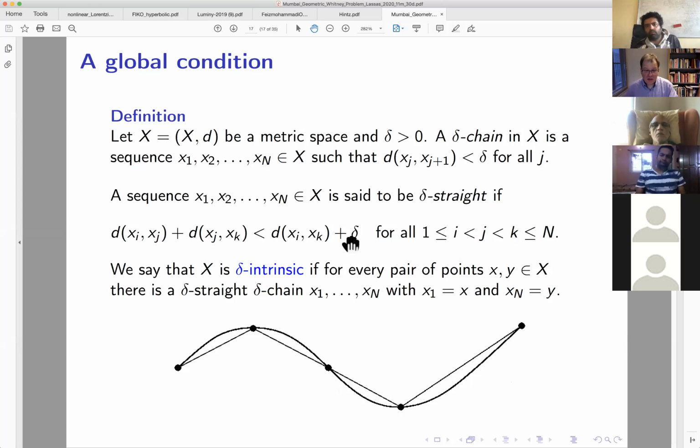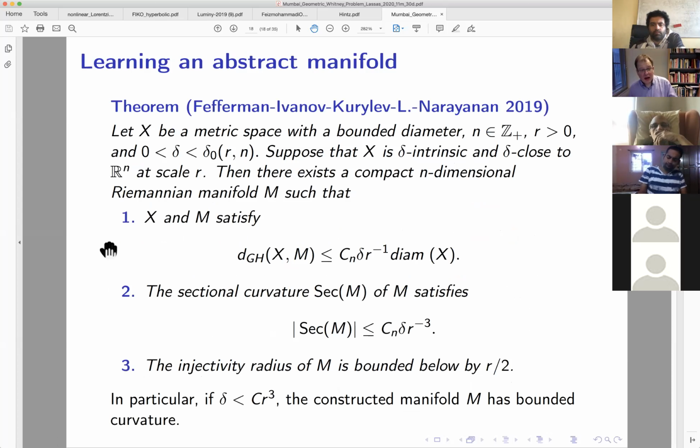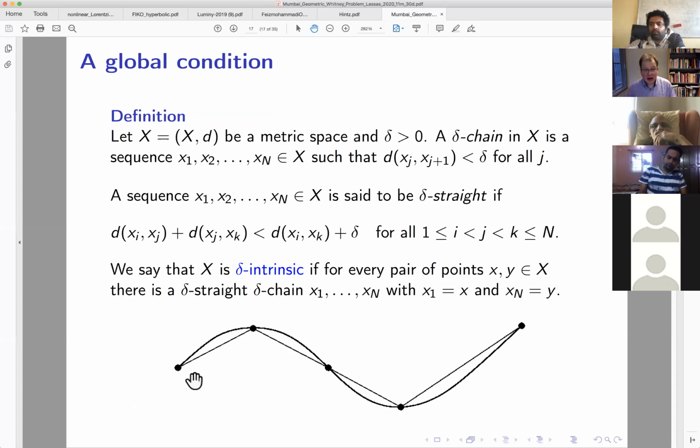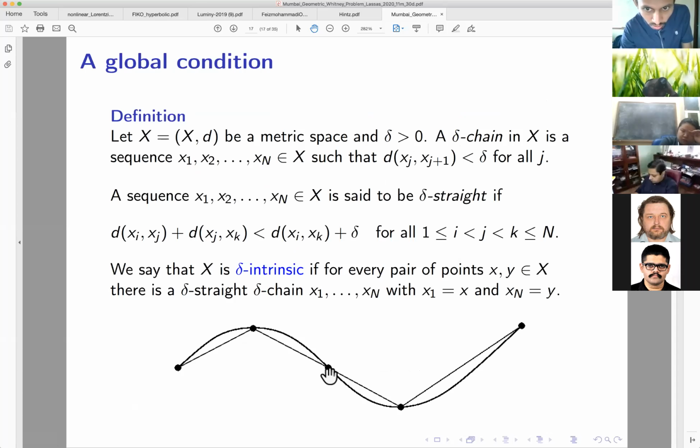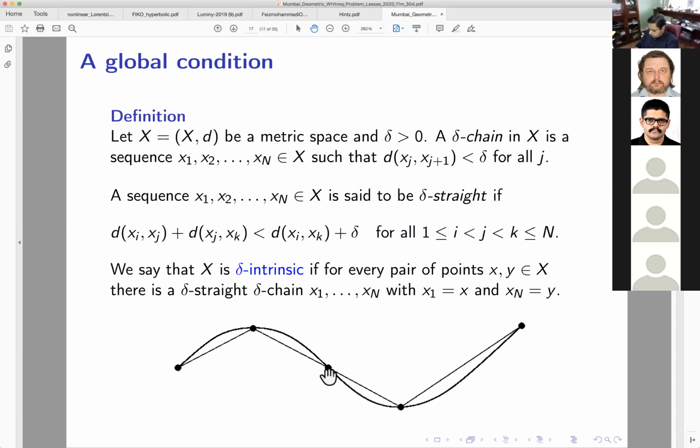Of course we have the triangle inequality, and this says that the opposite inequality is valid with a small error. If we had a line in Euclidean space and took points from it, this condition would be valid. So this is basically a condition that the sequence is the shortest possible route, and that when you step through the middle points, we make only a small error in the total distance that we want to travel.